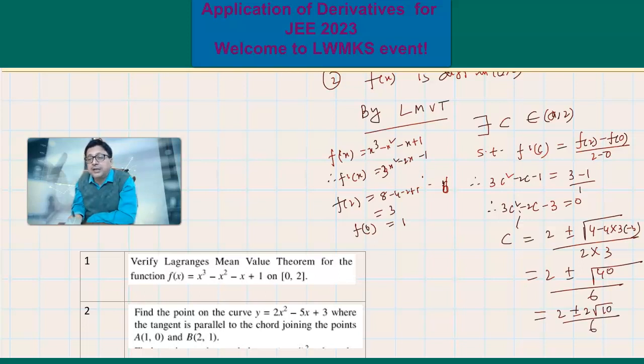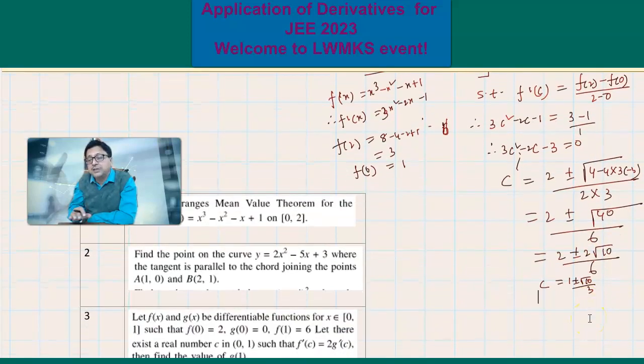So let us see whether any one of these two values, that is 1 plus minus root 10 by 3, 1 plus root 10 by 3 and 1 minus root 10 by 3, belong to the interval or not. Root 10 is approximately 3 point something. That plus 1 will give you 4 point something.